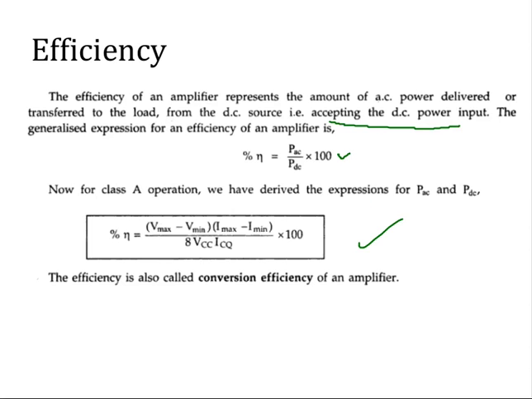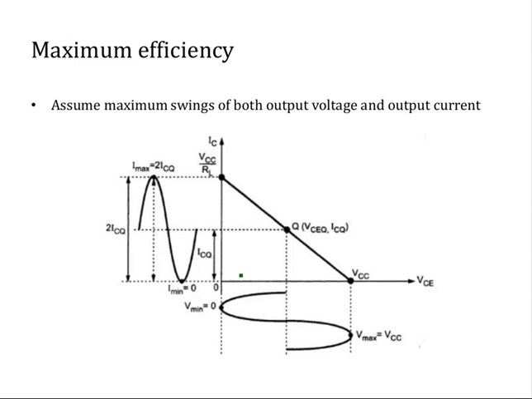Is it clear? Now, maximum efficiency. To find the maximum efficiency, we assume maximum swings for both output voltage and output current. This is the operating point Q, so this is ICQ and this is VCEQ.